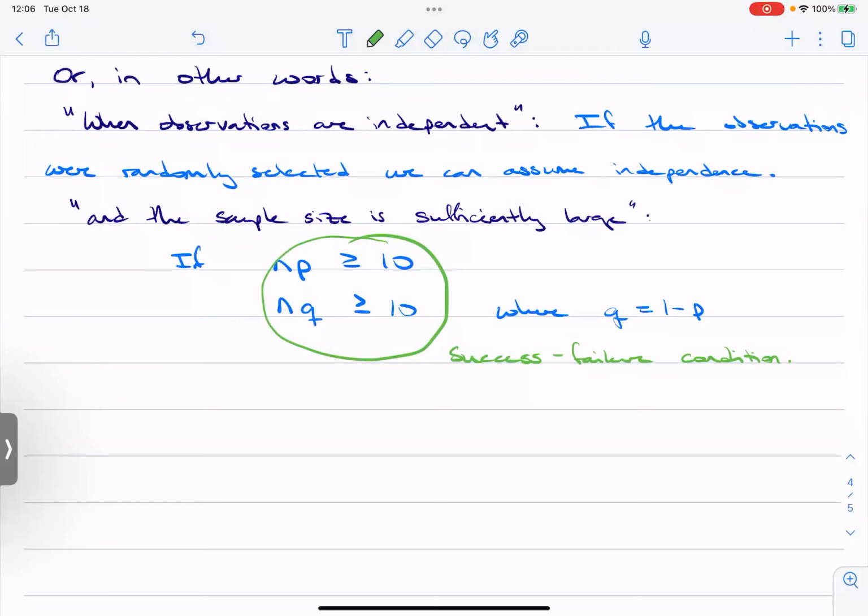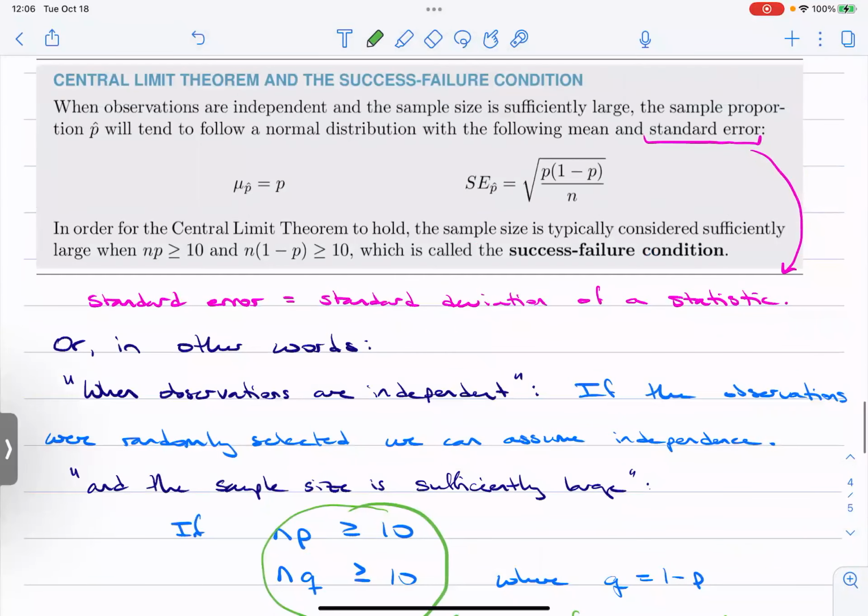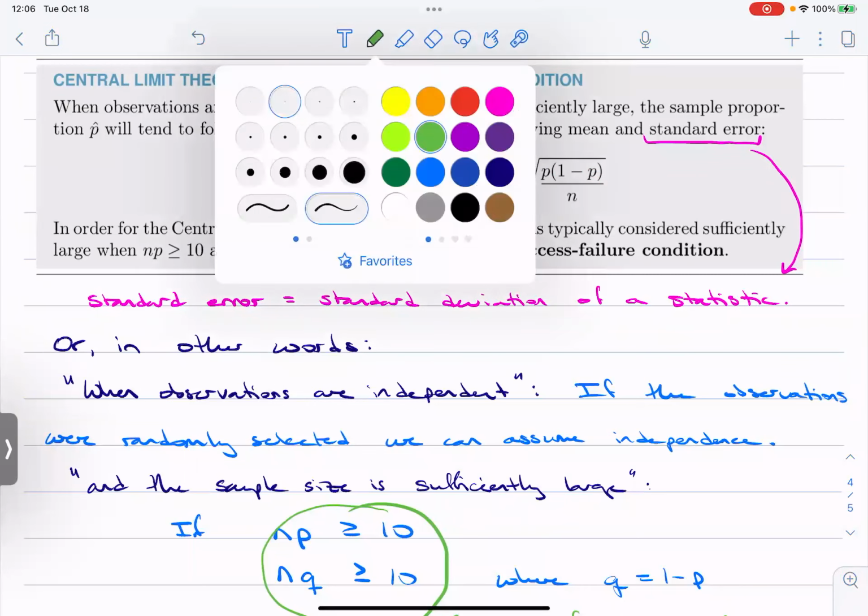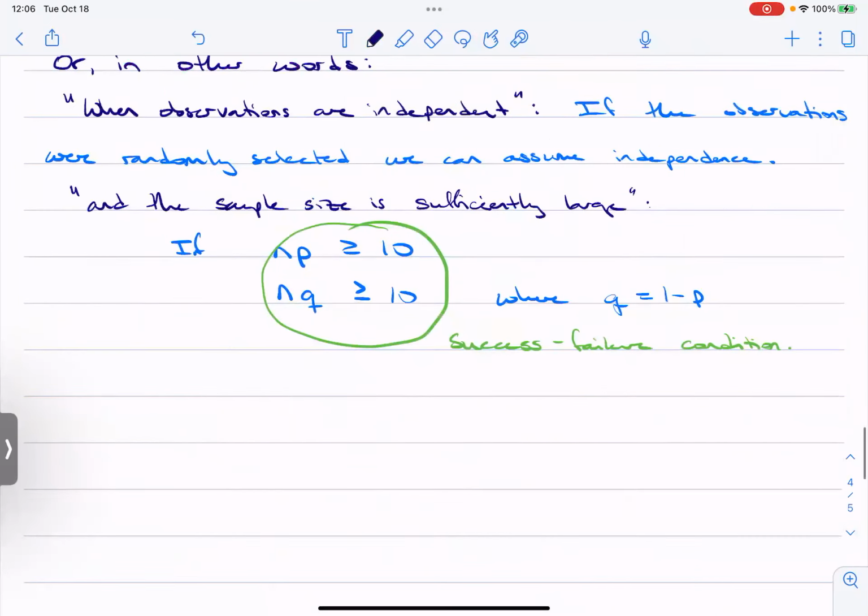Okay, what's the next part of this blurb? The sample proportion p hat will tend to follow a normal distribution with a mean of p and a standard error of root pq over n.